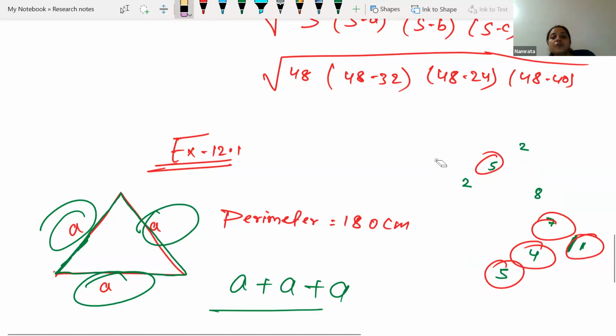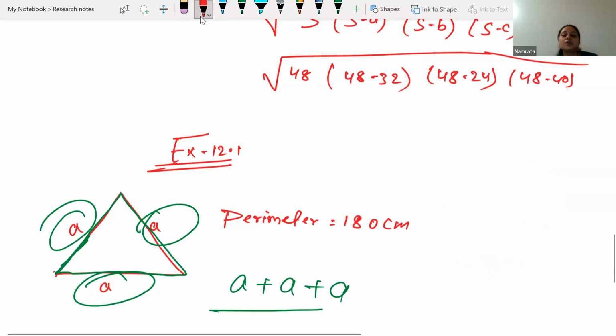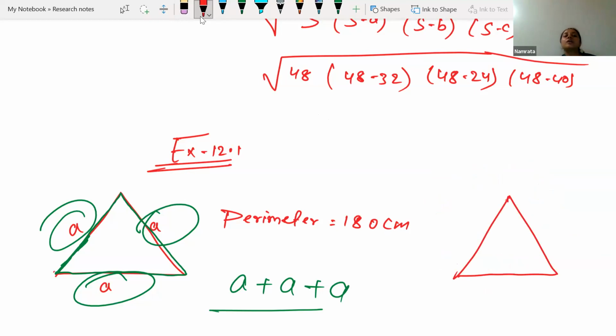Now we'll be focusing on the area of this triangle. What is the area of this triangle? When we talk about the area of the triangle, that means we are covering this part. If I am going to paint the total part, the middle one, that means I am working on the area of this triangle.